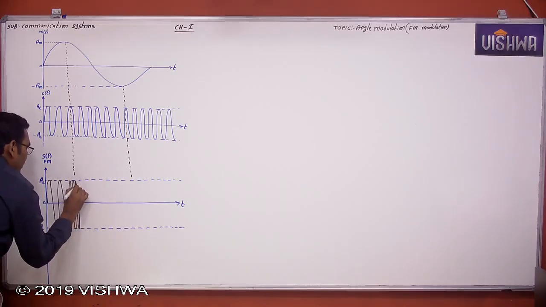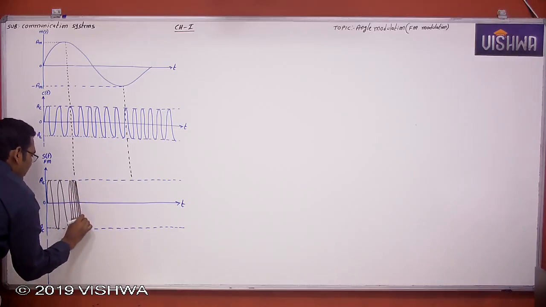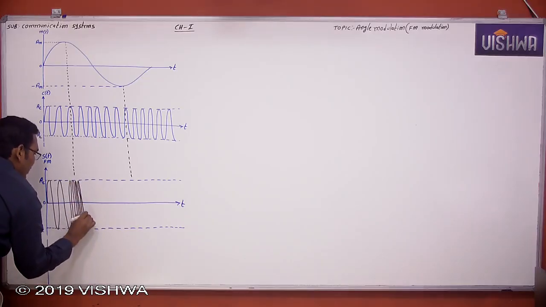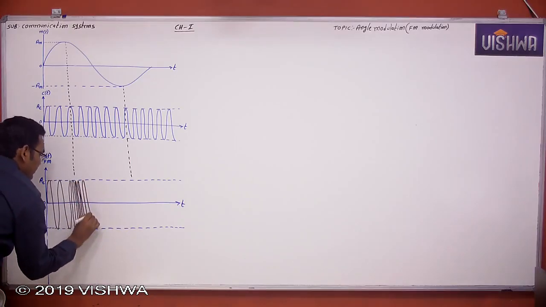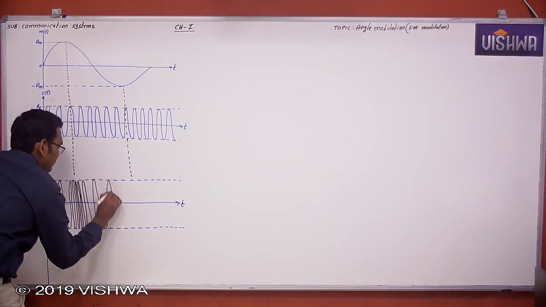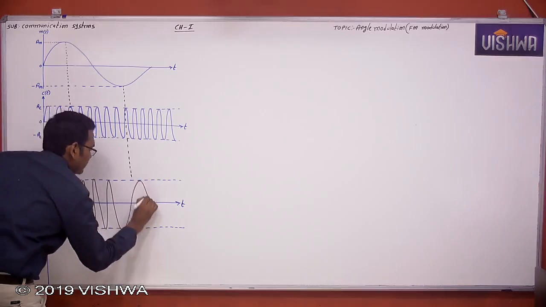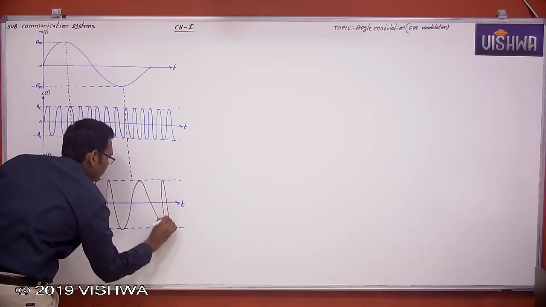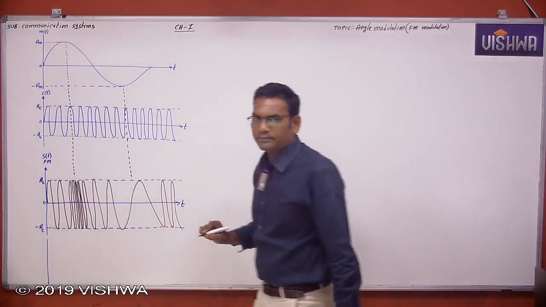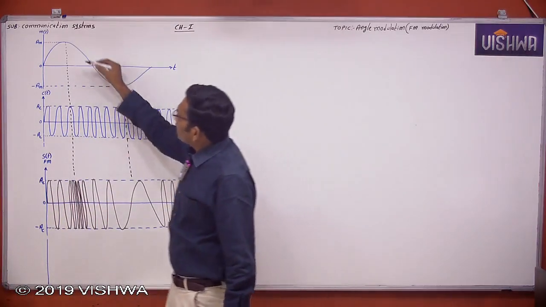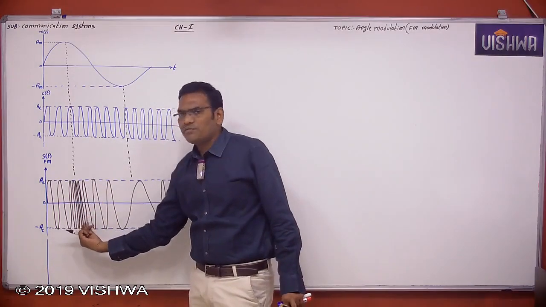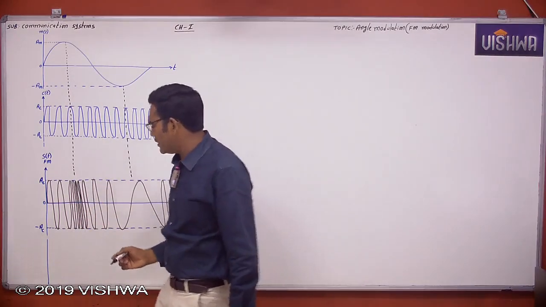Now see here, the time period is very small. Why do I write only the time period here? If you observe here, the amplitude is maximum, so the time period is very small, which means the frequency is maximum.